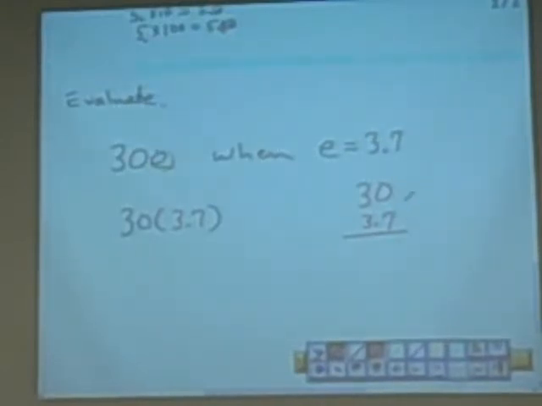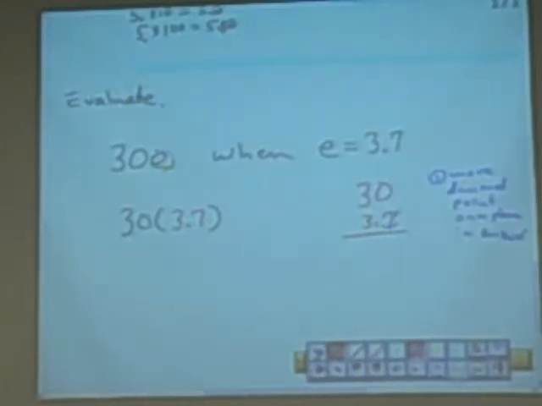All right, so we know that when we're finished, we need to move the decimal point in our product, or our answer, how many places? One place.